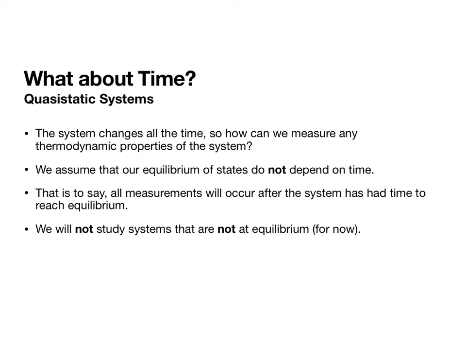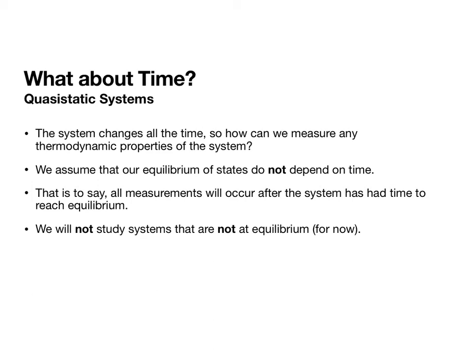It turns out that we are going to make an approximation, and we're going to assume that our equilibrium of states does not depend upon time. And so this means that if we let enough time go on, we would always see the same sort of average of states.